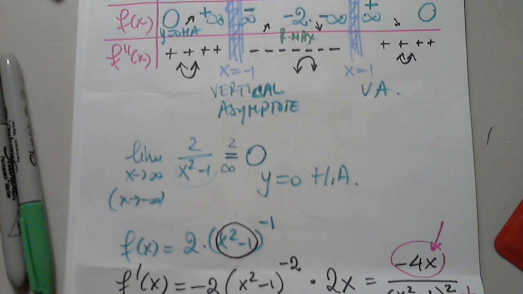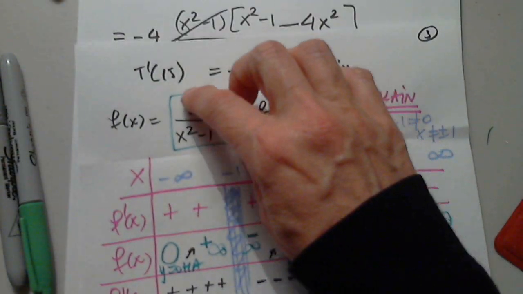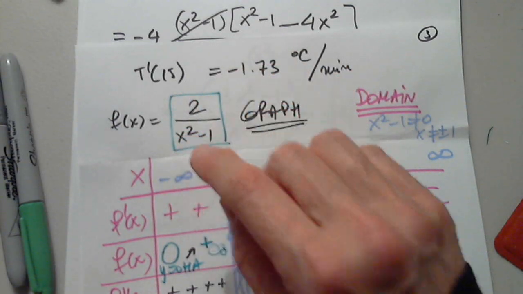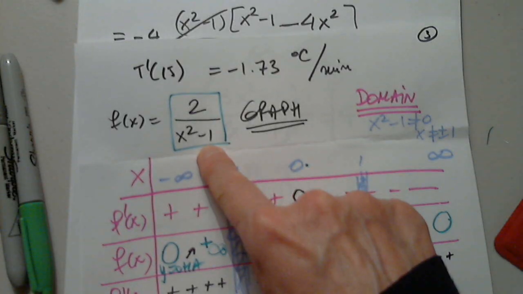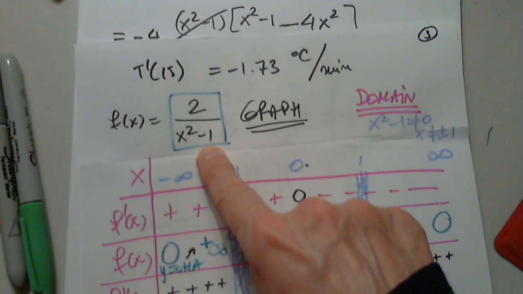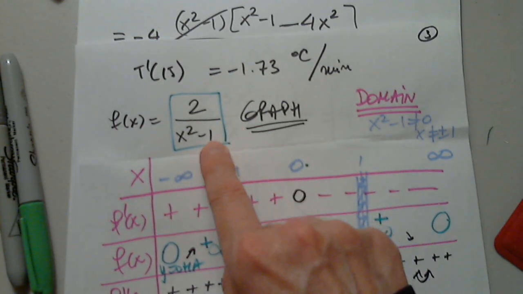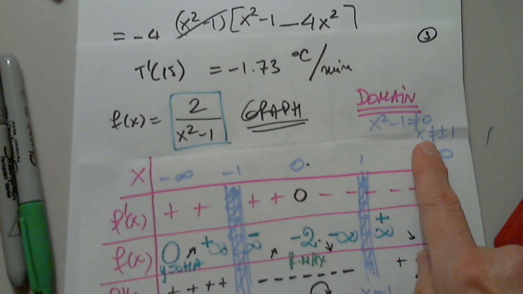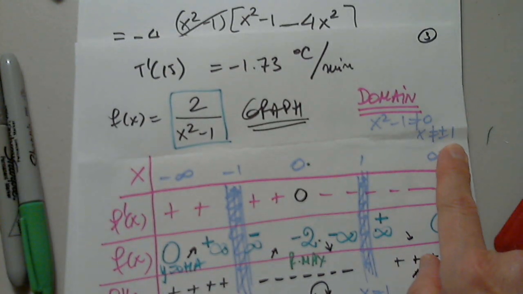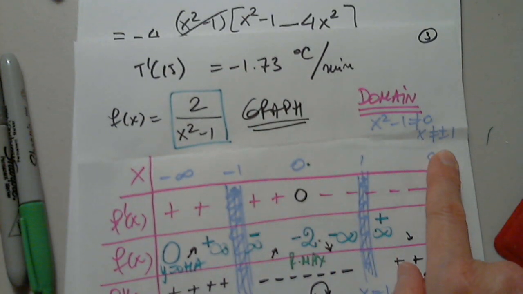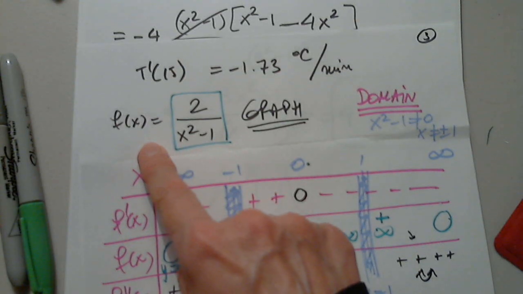No, but could you explain how you got the vertical asymptote again? Yes. A rational function cannot have denominator 0. If the denominator is 0, then x is plus or minus 1. But we know that at x equals plus or minus 1, the function is undefined.